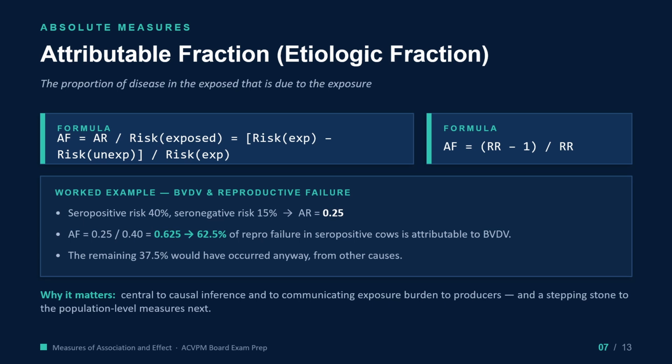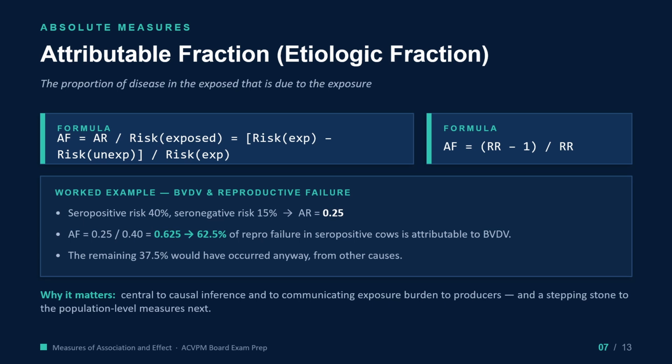This tells us that 62.5% of reproductive failure cases among BVDV seropositive cows can be attributed to BVDV seropositivity. The remaining 37.5% would have occurred anyway due to other causes.